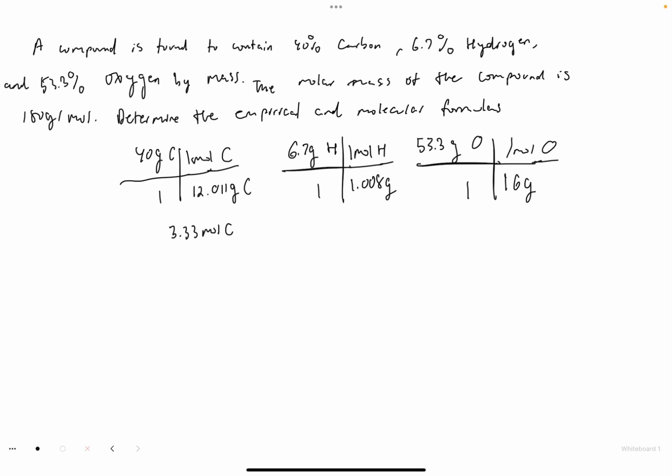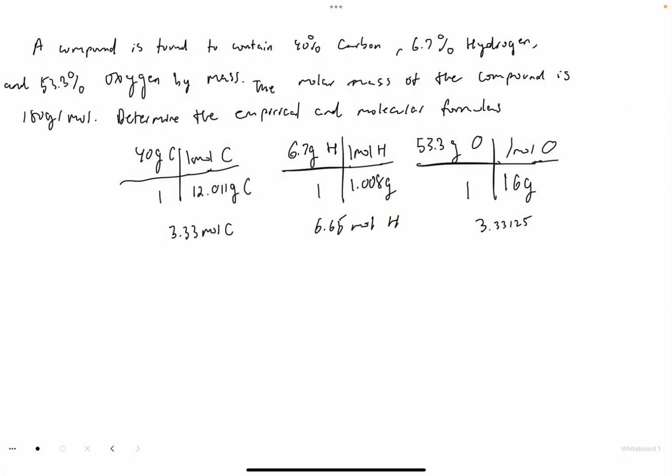So 6.7 divided by 1.008 is roughly 6.65 moles. And for the last one, 53.3 divided by 16 is roughly 3.33125.